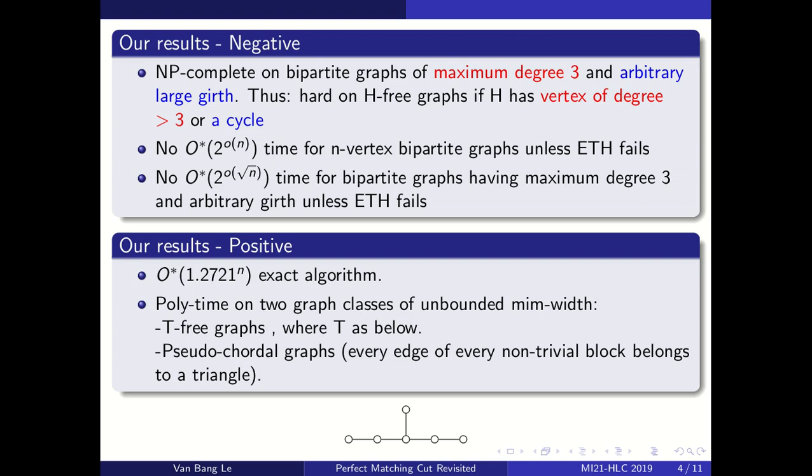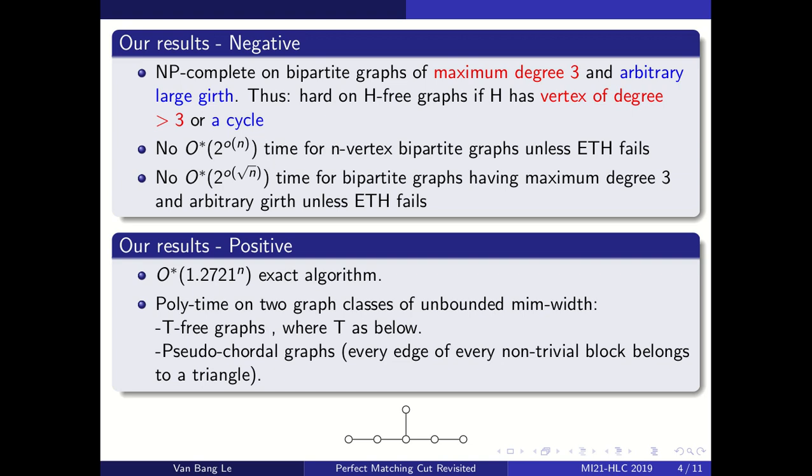and we also give two classes of graphs of unbounded mim width where the problem can be solved in polynomial time. The first is the class of T-free graphs, where T is the tree below here on 6 vertices, and we notice that this tree has indeed maximum degree 3 and no cycle, right?